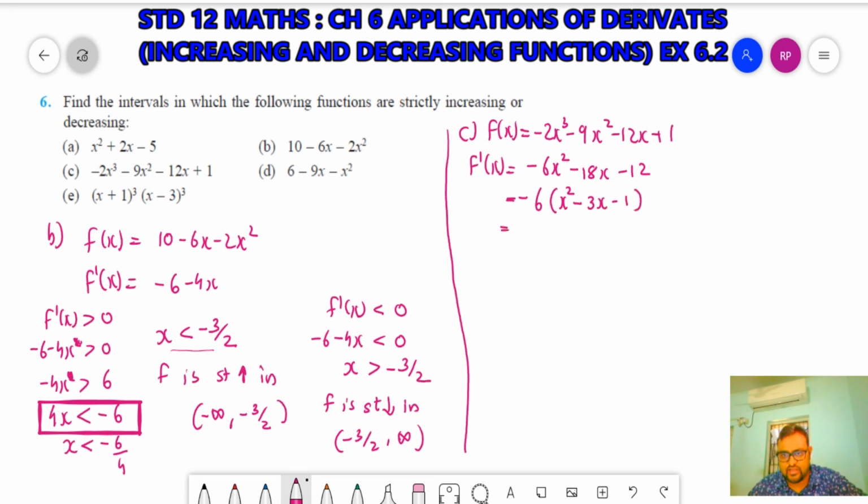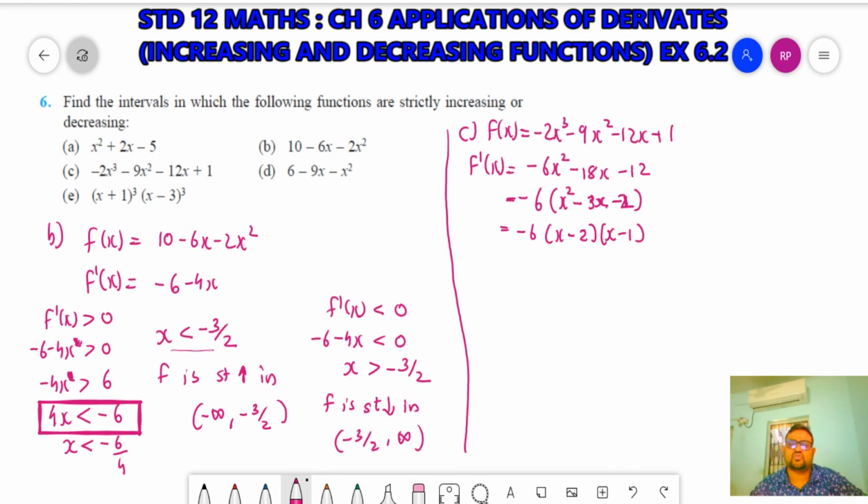So when I factorize it, I will get x minus 2, x minus 1.